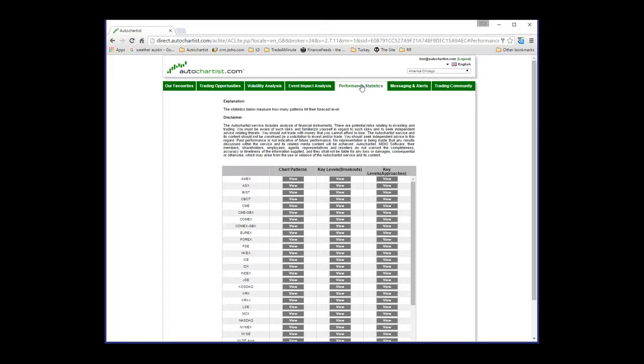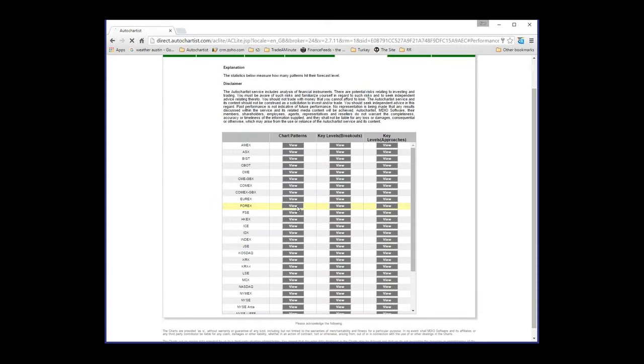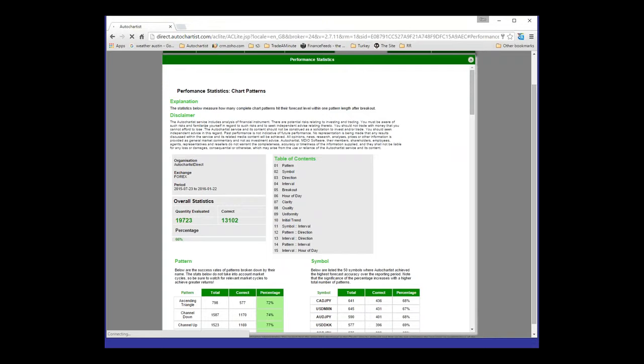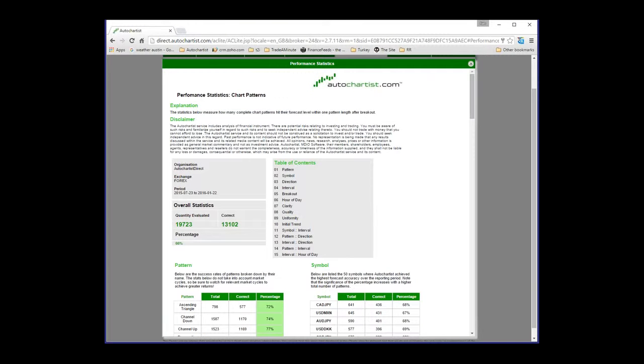Now I've switched to a screen called performance statistics, and we do keep track of how good our forecasts actually are. If we're looking at the Forex market in terms of chart patterns, this is a rolling 6-month stats page, so every 2 weeks, I think it is, we recalculate the statistics.